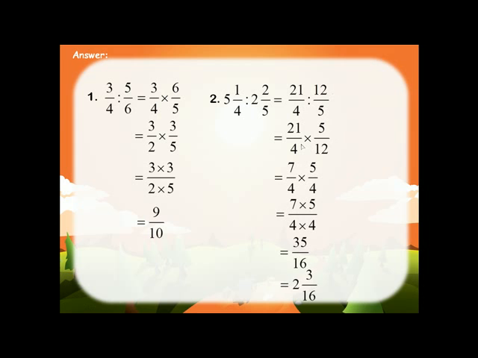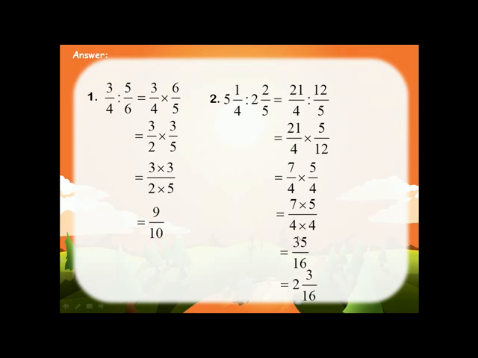Then look here, we have 21 as the numerator and 12 in the denominator, and we know that the numbers have 3 as the same factor, so we can divide by 3. 21 divided by 3 is 7, and 12 divided by 3 is 4, and then we multiply the numerators and the denominators to get 35/16.